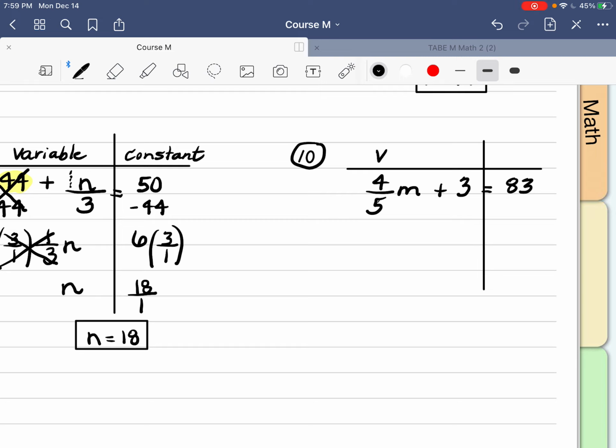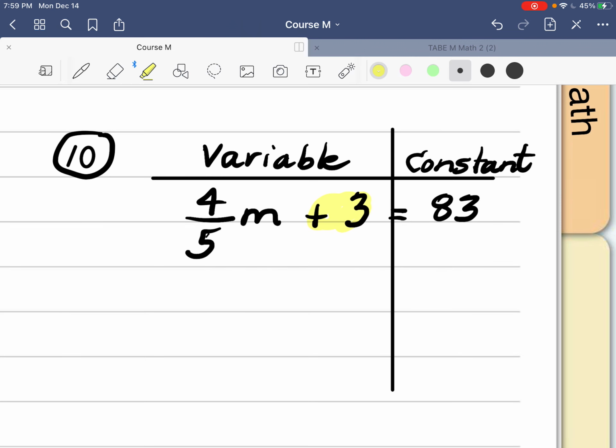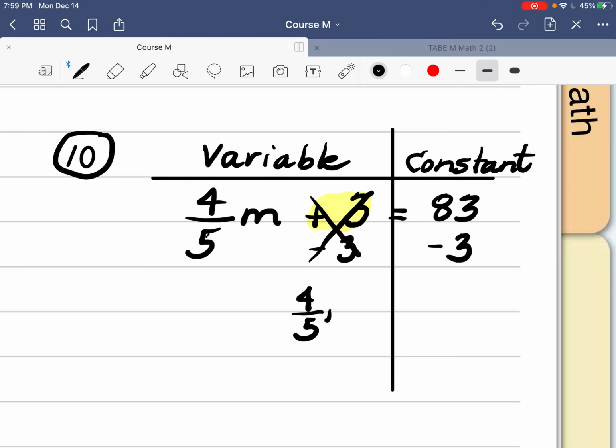Power T. You need to move that 3 first. Before you start flipping your fraction over, go ahead and deal with that constant 3. That's the one that you have to start with. So I'm going to subtract 3 from both sides, cancel and copy, and I'm left with an 80 on that side.